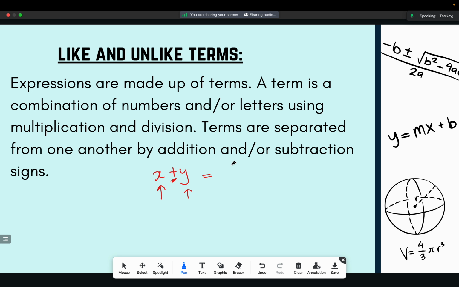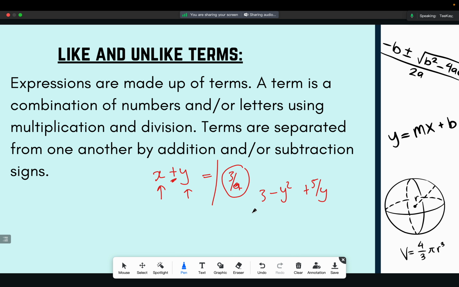What about if we have, let's say, 3 over a? This alone is a term, so we just have one term. What about this one? 3 minus y squared plus 5 over y.